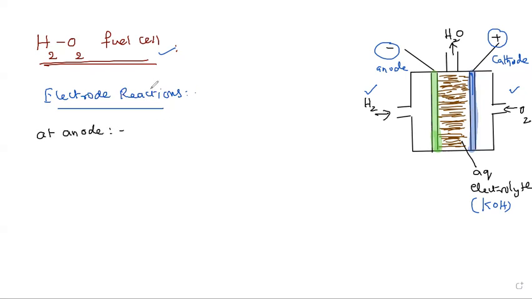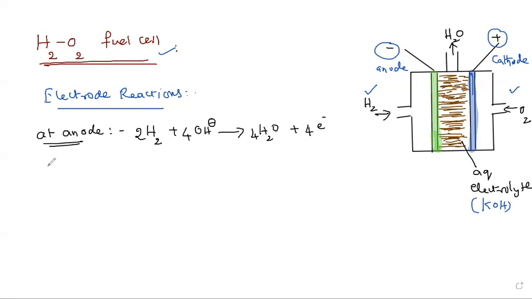We all know that at the anode, oxidation takes place. The anode is in contact with hydrogen, which combines with the OH minus ions provided by the electrolyte potassium hydroxide in aqueous solution, and converts into H2O with the release of electrons. For this, we can take 2 moles of H2 and 4 moles of OH minus, and we get 4 moles of water, and liberation of 4 electrons takes place.